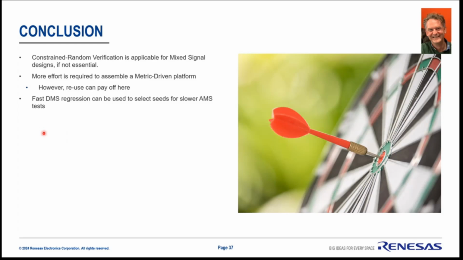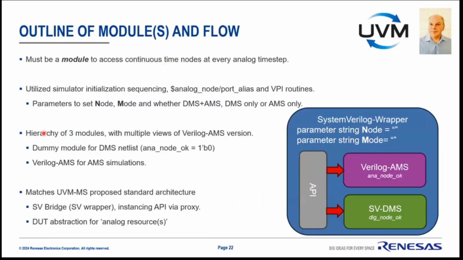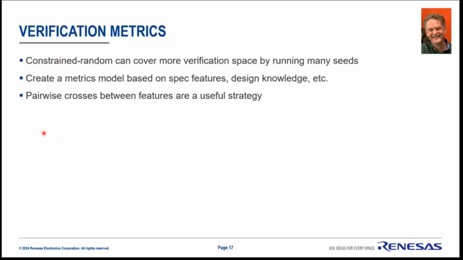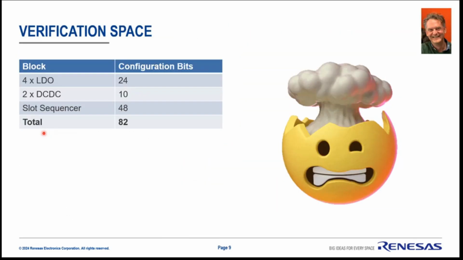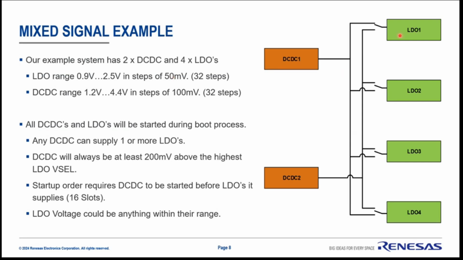I see one in the Q&A box. Yeah, Peter. That's going back to the beginning example where we had the DC-DCs and LDOs. These could have been SPICE models, they could have been VAMS models. It doesn't really matter.